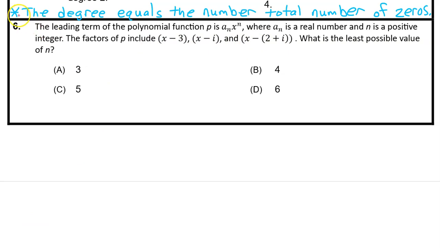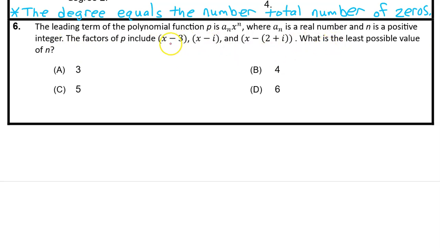Hey, let's use these blue notes that we wrote down from the previous problem. The fundamental theorem of algebra tells us that the degree equals the total number of zeros, including complex zeros and any kind of multiplicity that you might have. So we can get the least possible degree by adding up all the zeros that we are guaranteed to have.